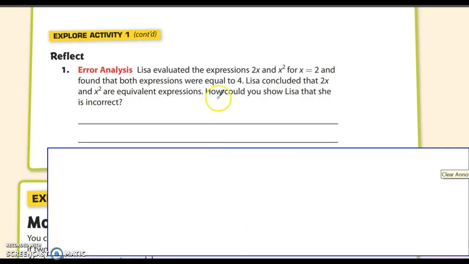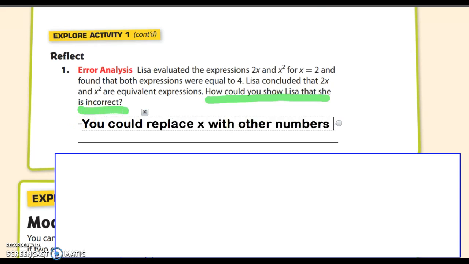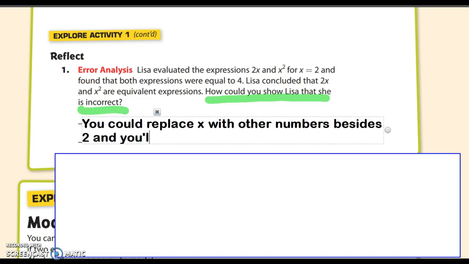So here's the question, how could you show that Lisa is incorrect? You could replace x with other numbers besides 2, and you'll see that the values are not equal. I'm going to say that the expressions are not equivalent.